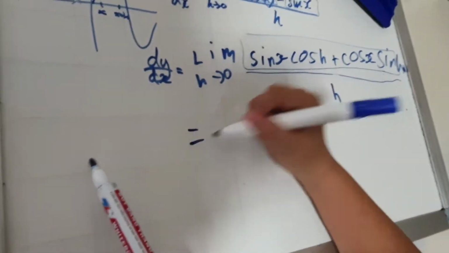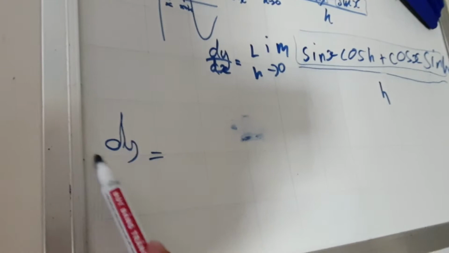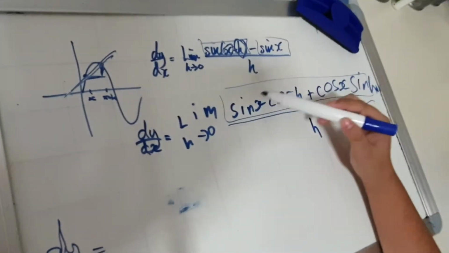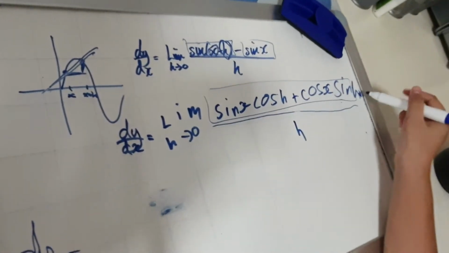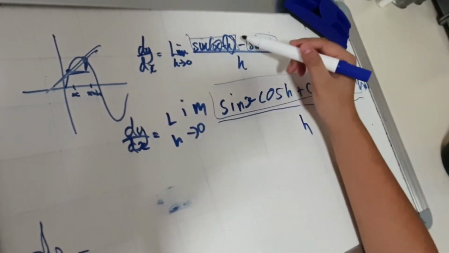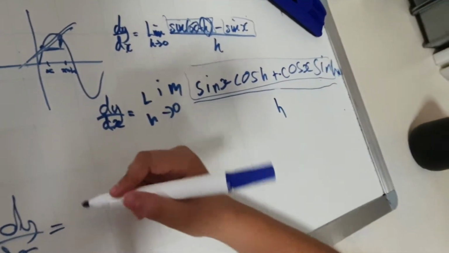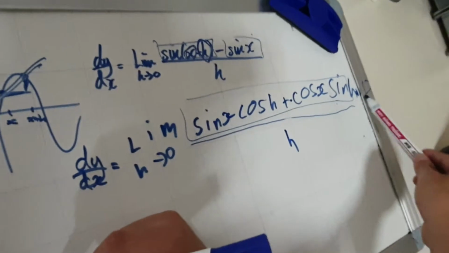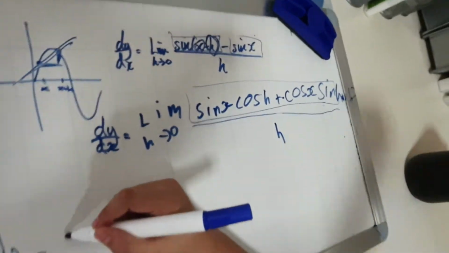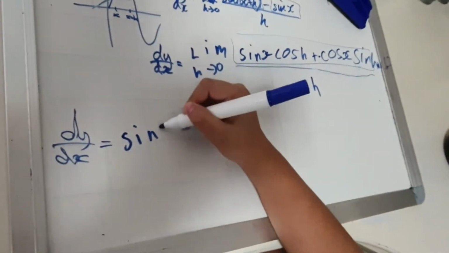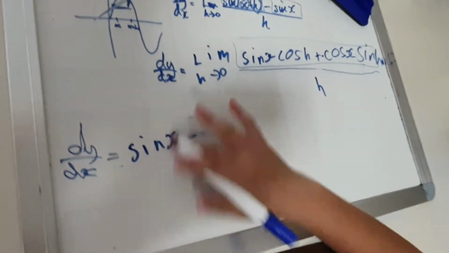Then let's move it over here. More space. So dy by dx equals what? Now you notice how there's sine here and sine here, right? Well, you move this block over here and then move this back. So you're switching this block with this whole block here. Oh, don't forget the limit.